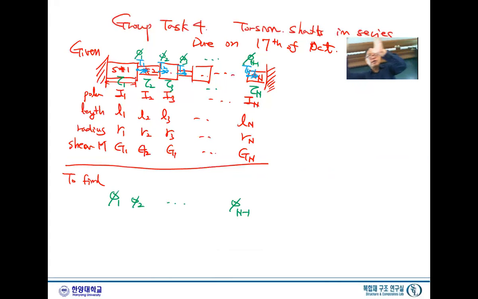So we will find tau 1 and tau 2, and so on, and tau n of each shaft. Okay? So this is what we need to find.